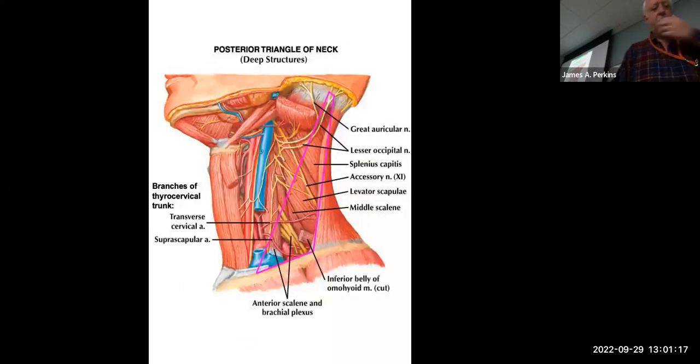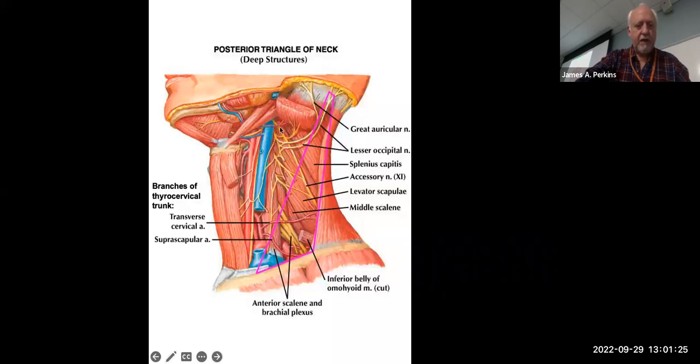There are some deeper structures that can be visible in the posterior triangle. In this particular case, when Netter painted this, he reflected the sternocleidomastoid out of the way so you could see these things more clearly. But a lot of these are pretty challenging to try to find in the neck. Some of these are branches that we already talked about. You're just seeing them a little bit deeper under the sternocleidomastoid.